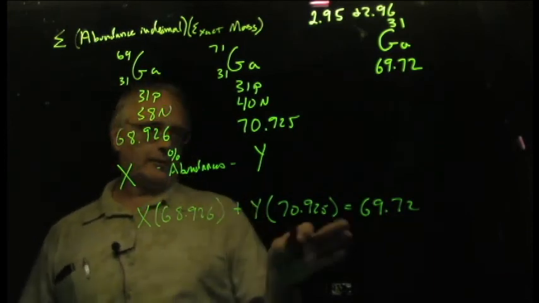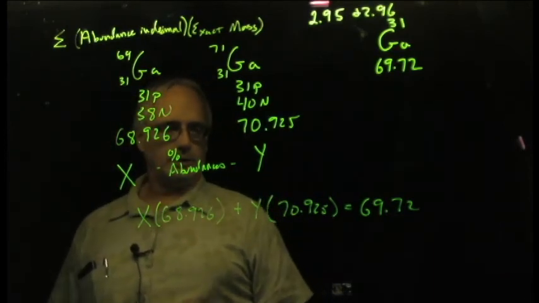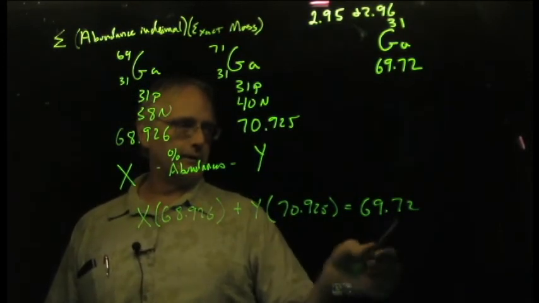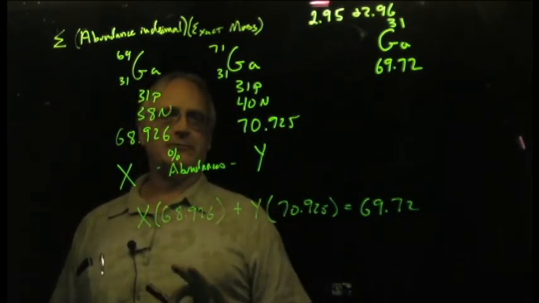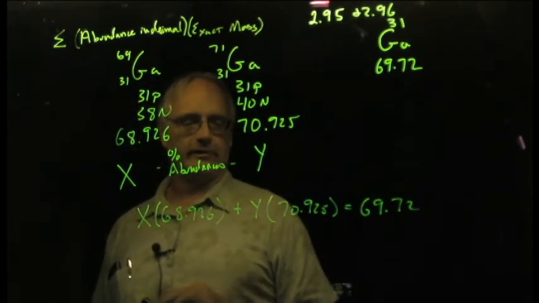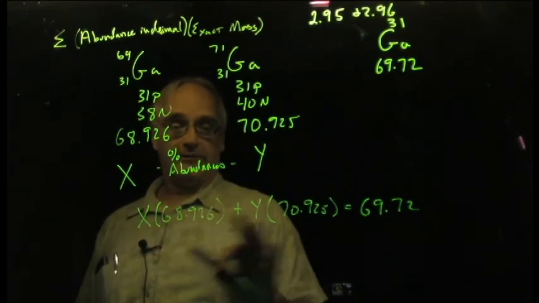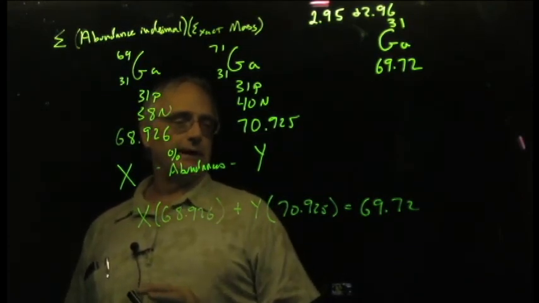Most students get to this point and they will look at it and go, oh my, I have two unknowns and only one equation. And some vague memory of past experience says that ain't good, that there's going to be an issue here. And in fact, there is. This one stumbles a lot of folks.